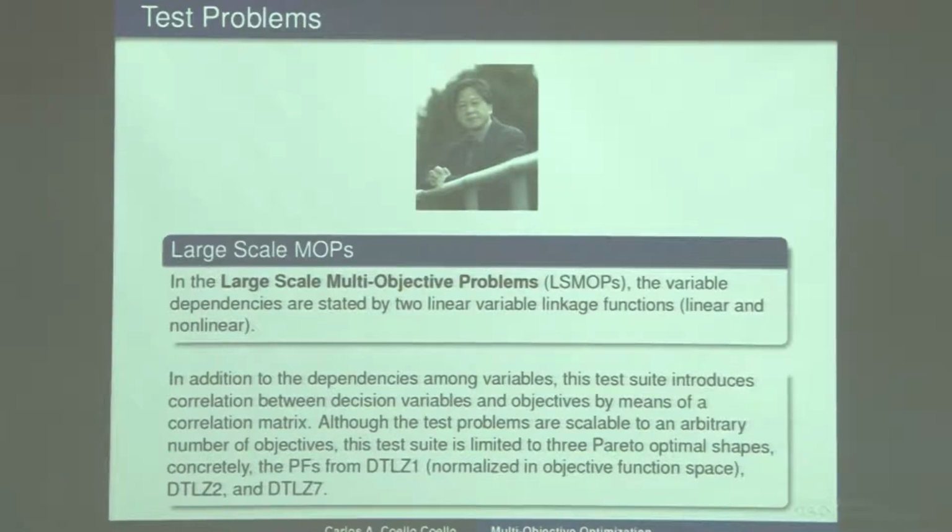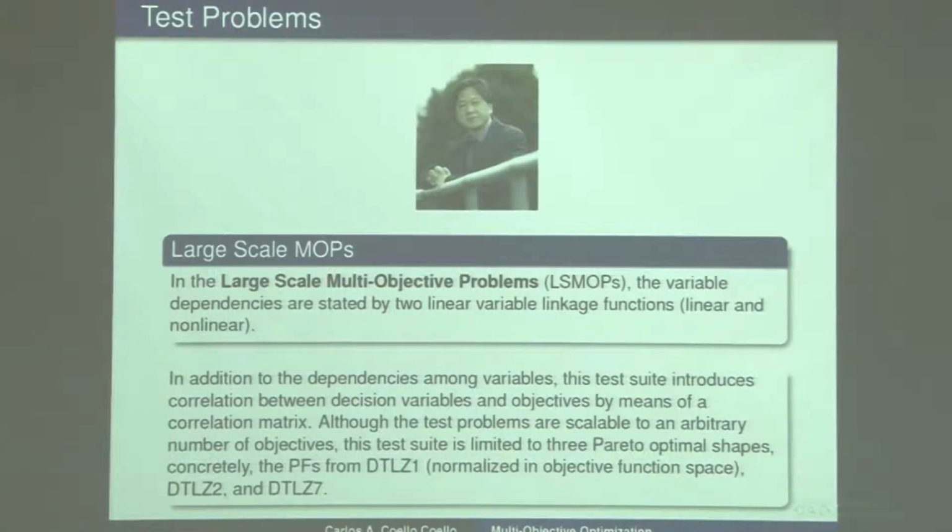In these large-scale multi-objective problems on this new benchmark, the variable dependencies are stated by two variable linkage functions that are linear and nonlinear. So besides having many decision variables, they introduce this dependency of the variables. There is also a correlation between decision variables and objectives through a correlation matrix.